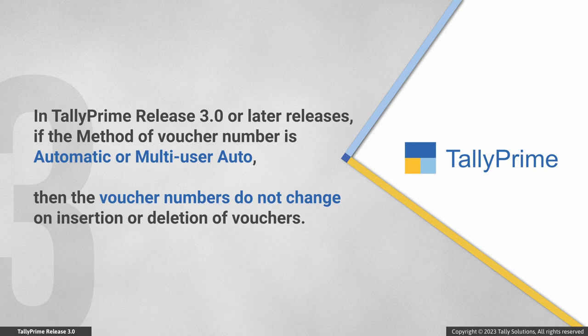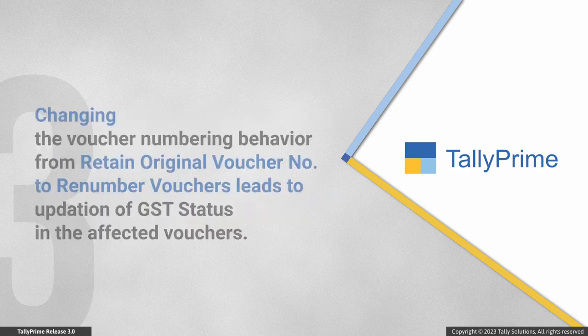This ensures that the voucher numbers of the transactions uploaded on GST returns while filing returns remain unaffected in TallyPrime. However, if you change the voucher numbering behavior to renumber vouchers in voucher types, the voucher numbers of the vouchers get affected, as a result of which the GST status of the affected vouchers gets updated.